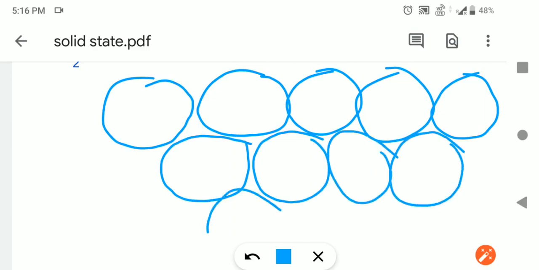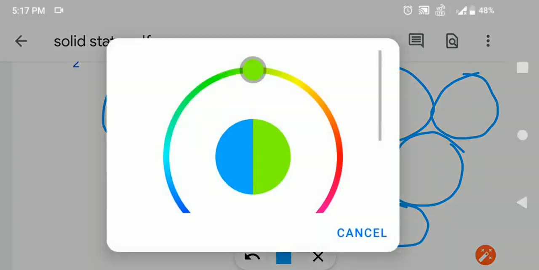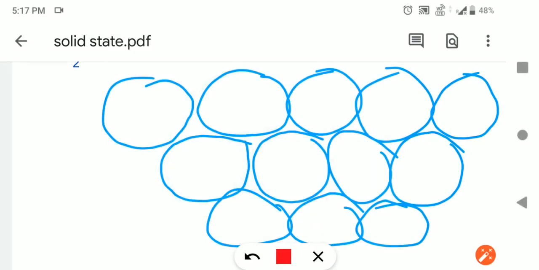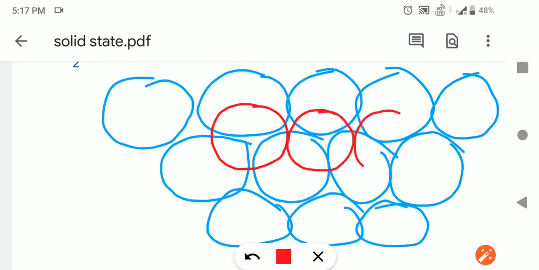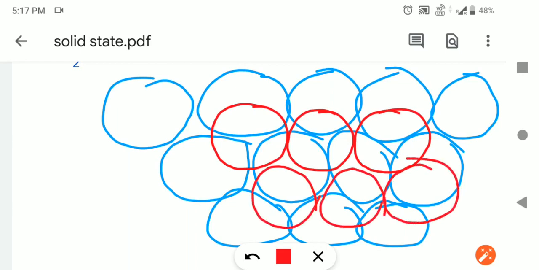Okay, these are not exactly spherical. Now I am putting another sphere, this one, like this. So students, what did you observe?